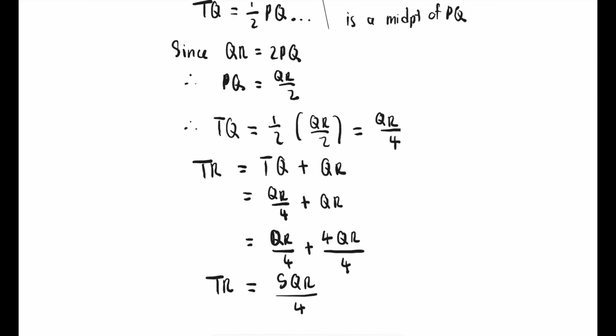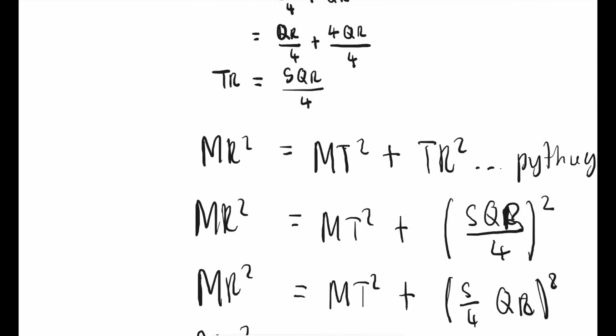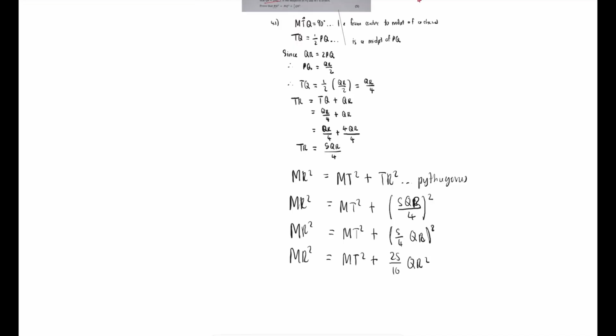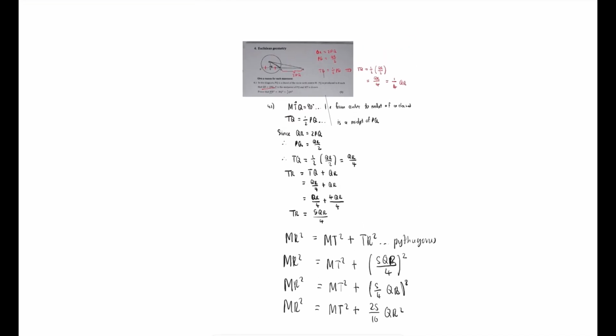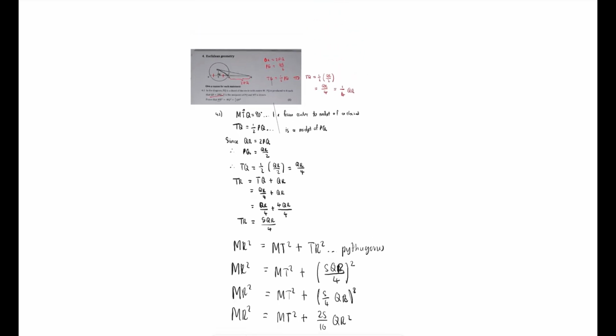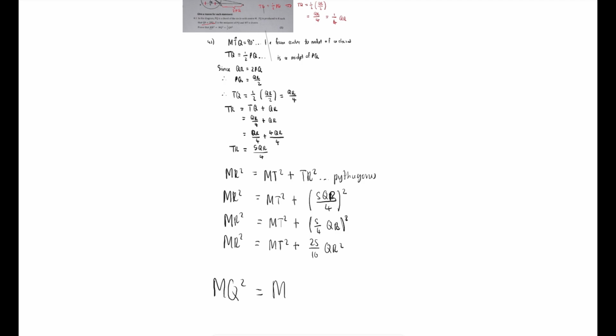So I actually noticed that my MQ squared is equals to MT squared plus TQ squared.